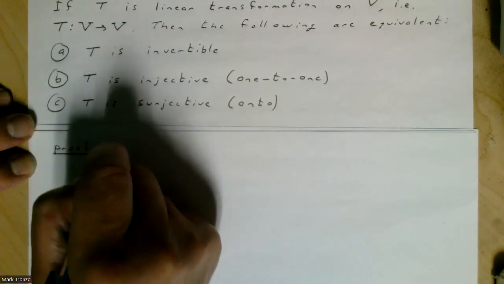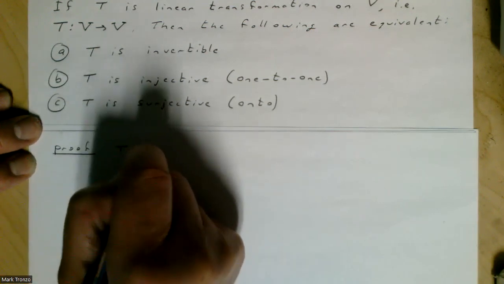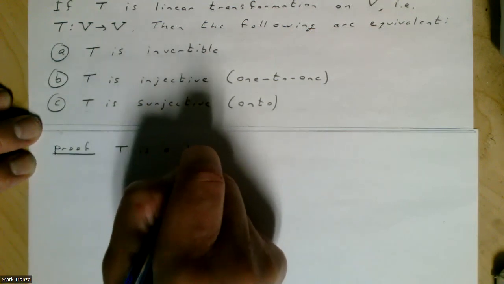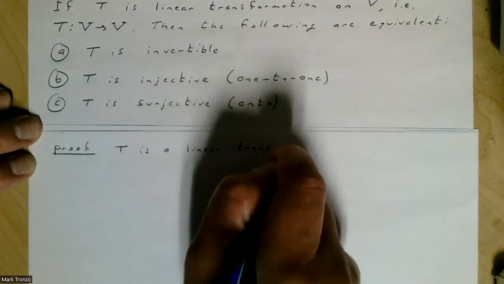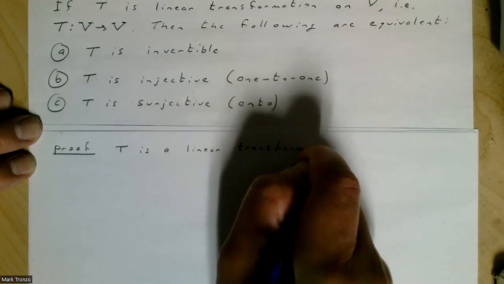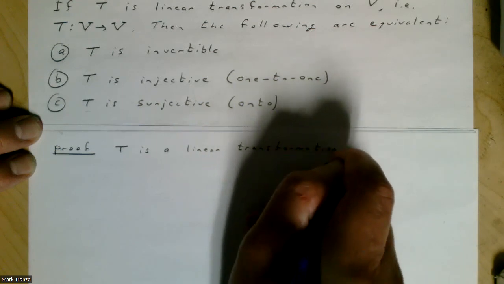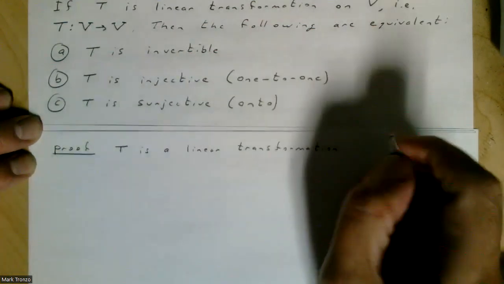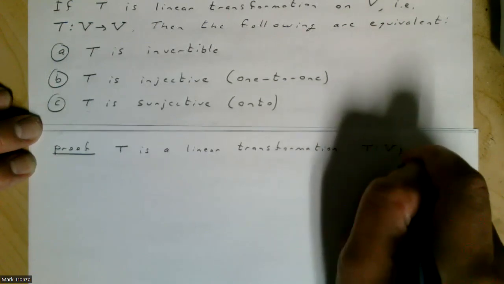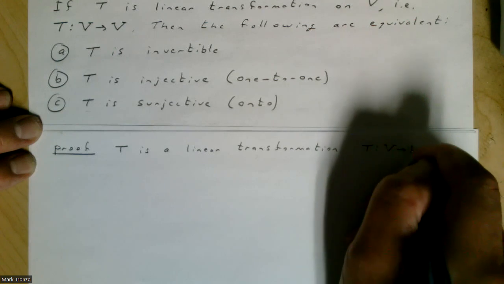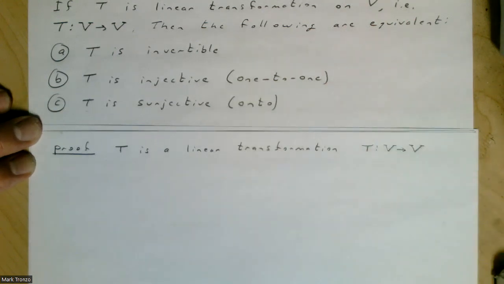It's a proof. So again, we're assuming T is a linear transformation from V to itself.